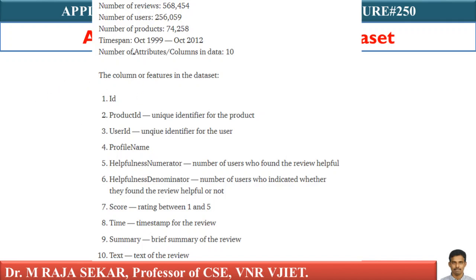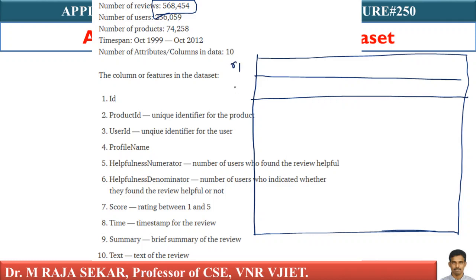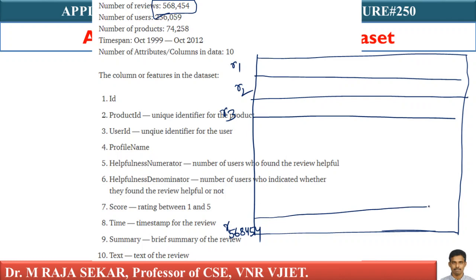We have 568,454 reviews. Let me say I have a table like this, with review 1, review 2, review 3, and so on. My last review is 568,454.